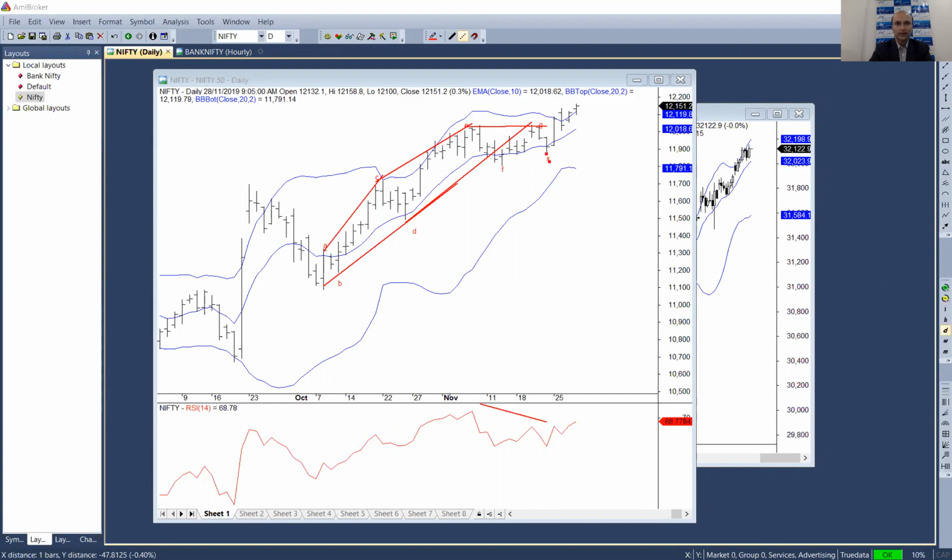Now that's a very simple technique that I probably talk about in most of the trainings that I keep doing, and in that you will be able to understand that the close becomes very crucial, and especially during an up move you will see that markets will manage to protect that low and continue to protect it on the closing basis. So that is why I keep looking at the daily bar, which is very important, and daily closing becomes very crucial. So let me share across my Excel on Gann as well.